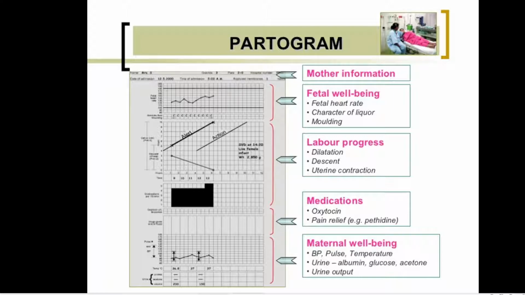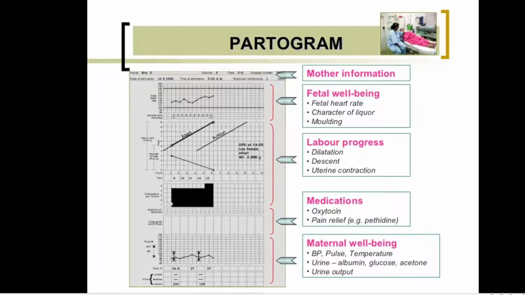Another part of the partogram is labor progress. It's dilatation of the cervix. You can see it's from 0 to 10. Next is descent of the presenting part. It may be 5/5, 4/5, 3/5, 2/5, and 1/5.